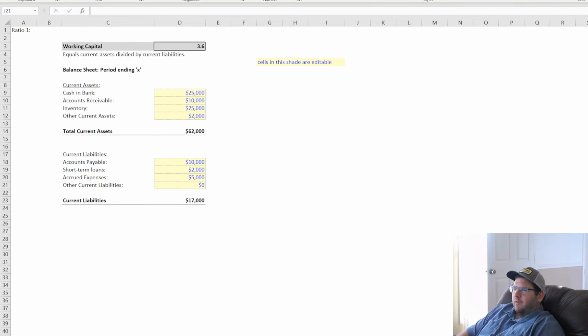Important. Let's see what the internet says about the importance of the working capital ratio. Working capital ratio is important to creditors because it shows the liquidity of the company. Okay, so liquidity. So it's basically saying anything that can be turned into cash within a year is liquid. Anything that can't is not liquid.